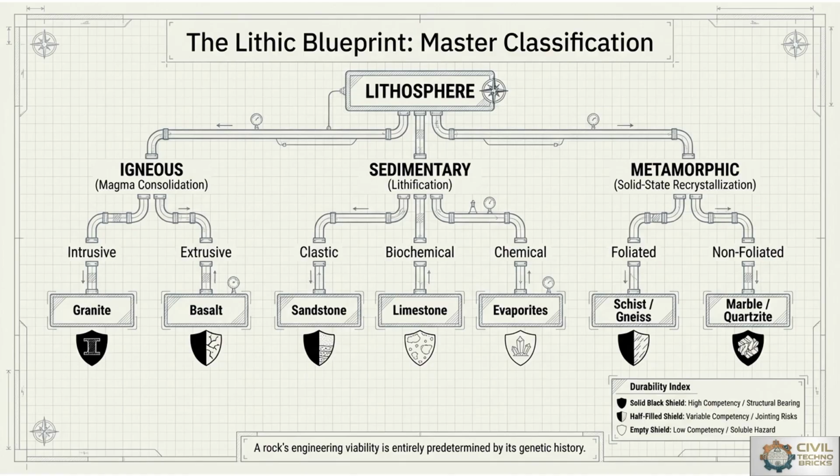Here we see that the rocks are classified with reference to their pattern, such as igneous, intrusive, extrusive, sedimentary, clastic, biochemical, chemical, metamorphic, foliated and non-foliated, and the examples are listed below with reference to their texture. Sedimentary rocks form through deposition and lithification of sediments, whereas metamorphic rocks form through heat and pressure action, or we can say the recrystallization methodology.